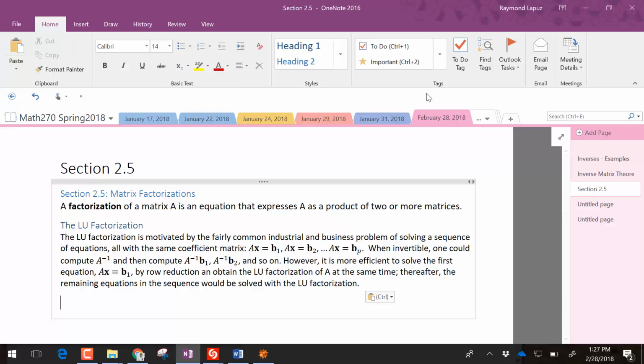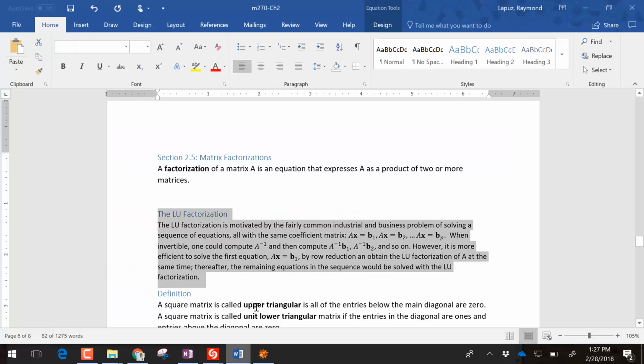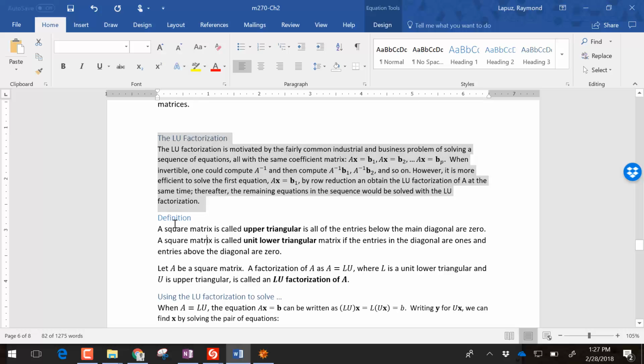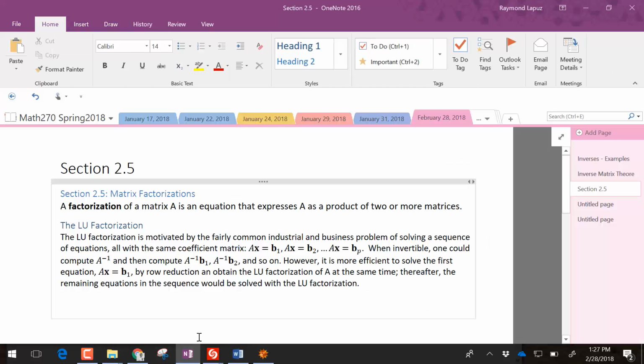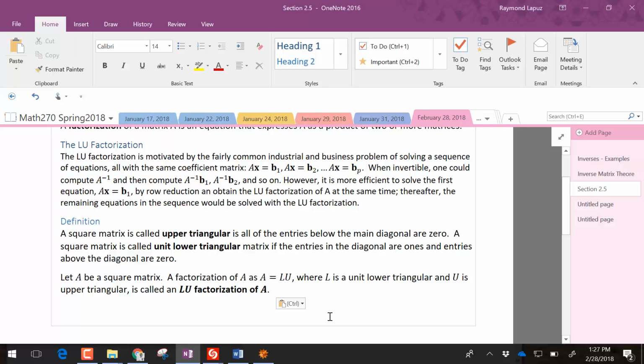What is LU? Let's get some definitions here. The L stands for lower unit triangular, and the U stands for upper triangular. A square matrix is called upper triangular if all entries below the main diagonal are 0.